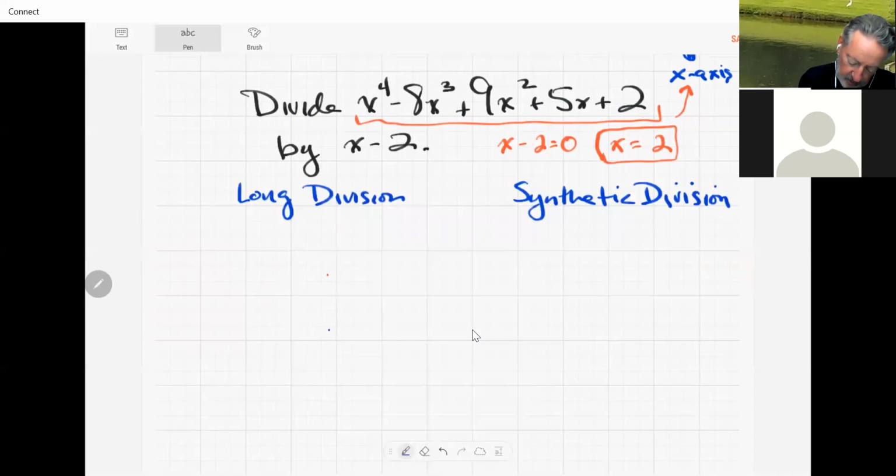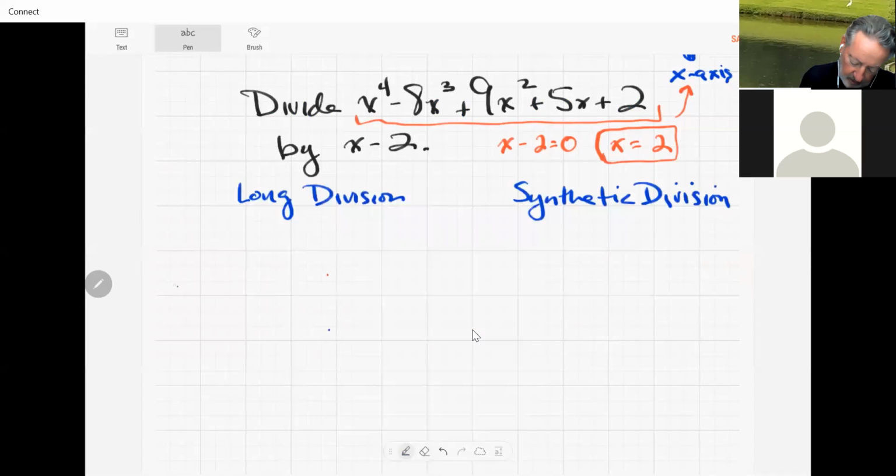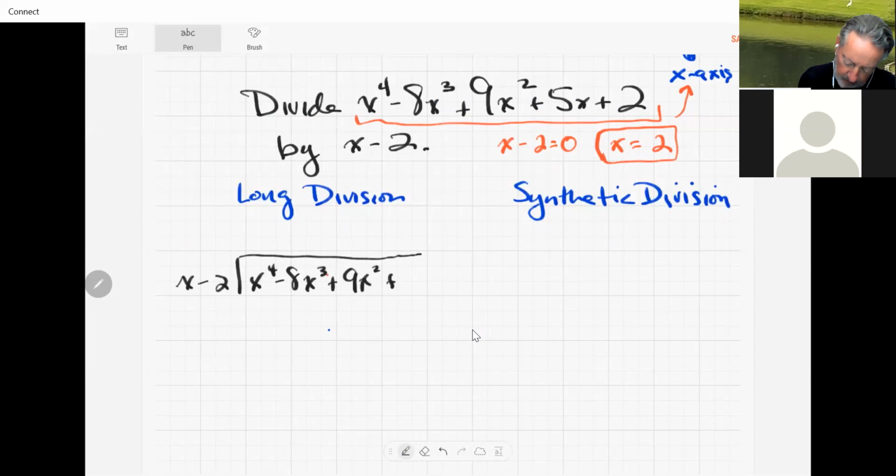But first I'm going to do long division, and I am going to do this without a ton of explanation, because there are easier ways to do this, but I'm going to show it.